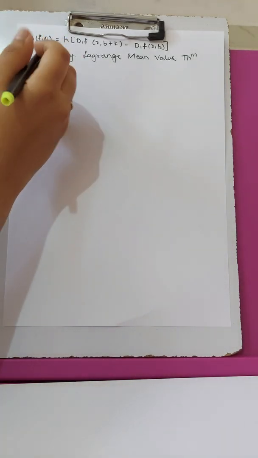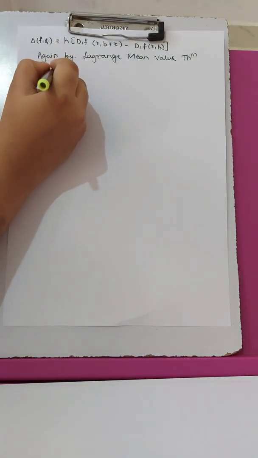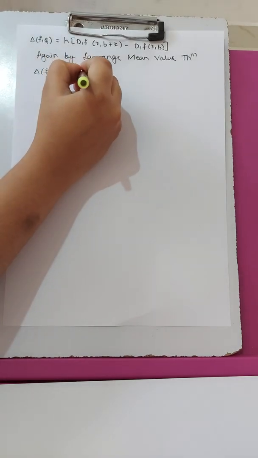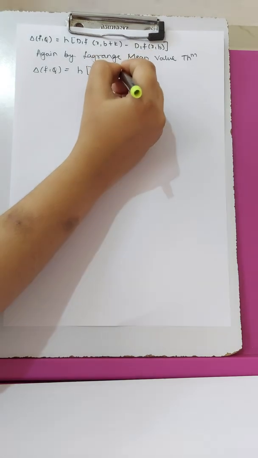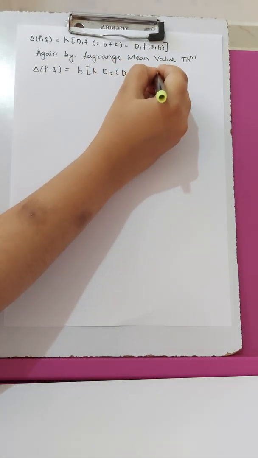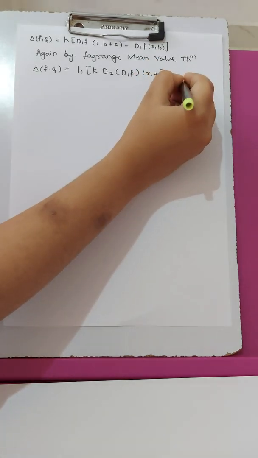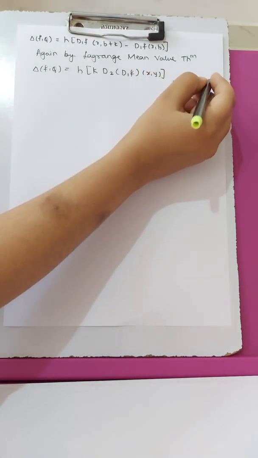So again by Lagrange mean value theorem we get delta f(Q) equals h times k D2 D1 f(x, y), where y belongs to the interval of b and b plus k.